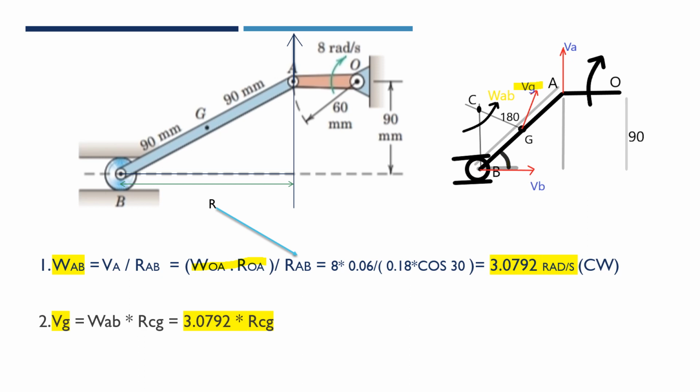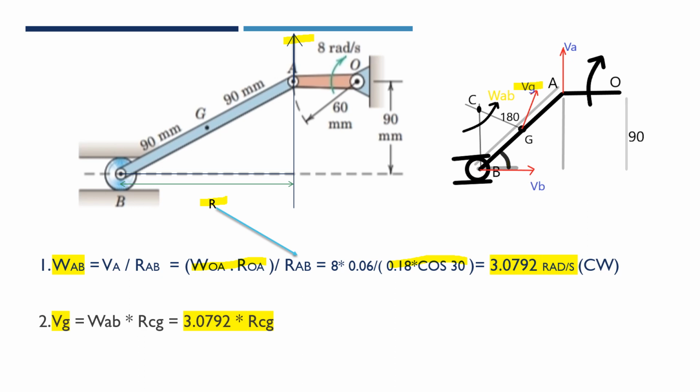So we get 8 into 0.06 divided by 0.18 into cos 30. We get this 0.18 into cos 30 from here. This is the radius. As this is the velocity of A, the radius is given by 0.18 into cos 30, from which we get omega AB equals 3.0792 radian per second.